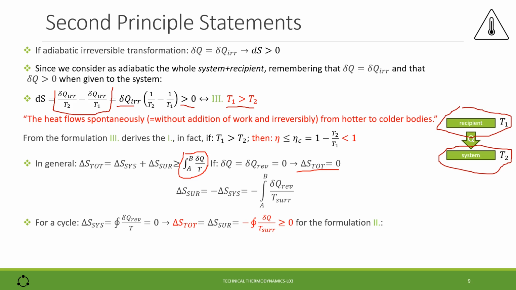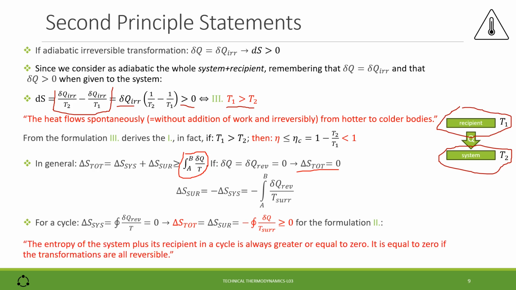And this must be equal or greater than 0 for the formulation number 2. Finally, we found also the definition of this formulation that says the entropy of the system plus its recipient in a cycle is always greater or equal to 0. It is equal to 0 if the transformations are all reversible.